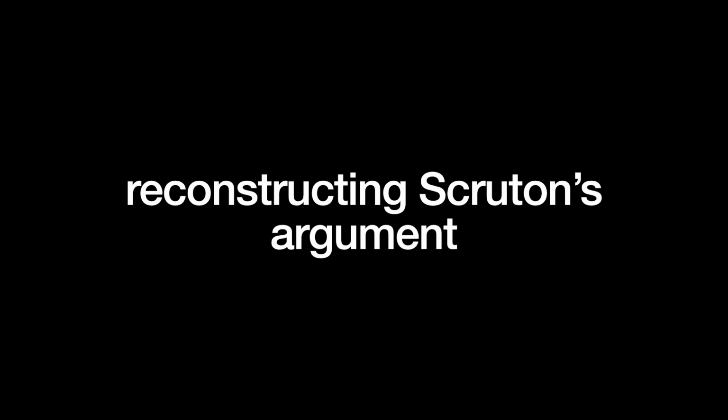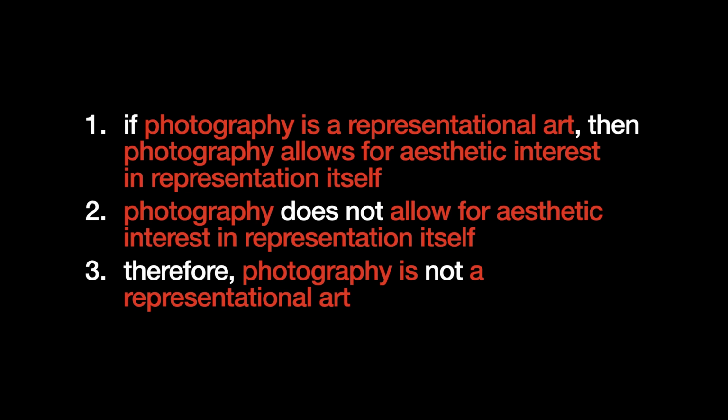Now we can fit Scruton's argument exactly in this modus tollens scheme. And the argument then becomes as follows. If photography is a representational art, then photography allows for an aesthetic interest in representation itself. That's the first premise. Second premise: photography doesn't allow for an aesthetic interest in representation itself.